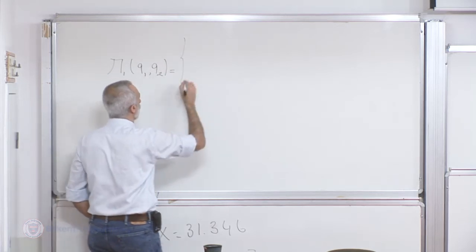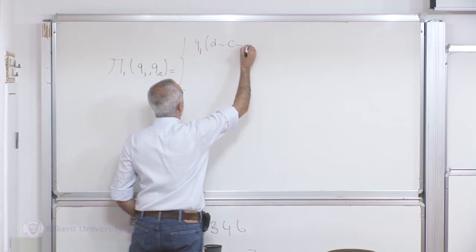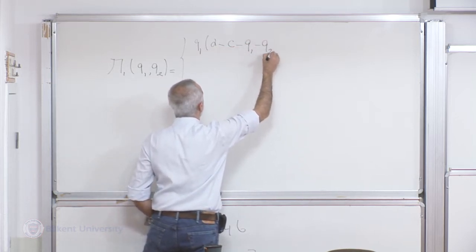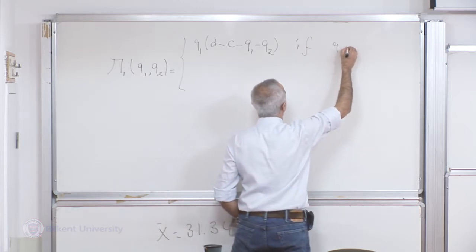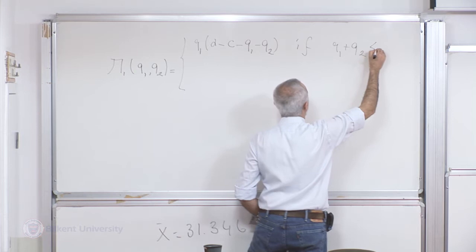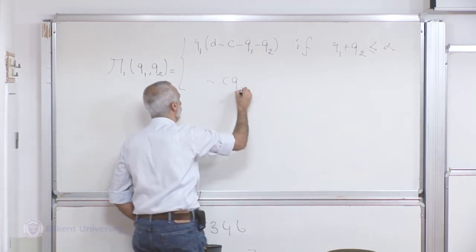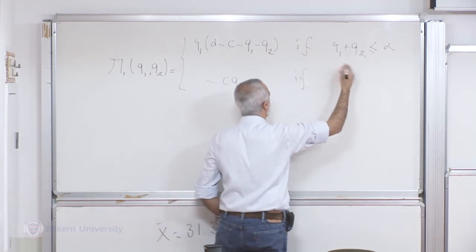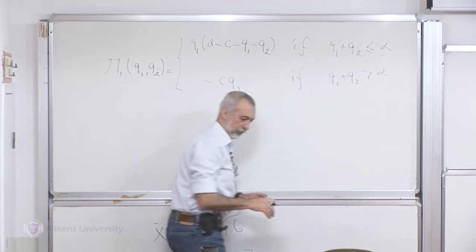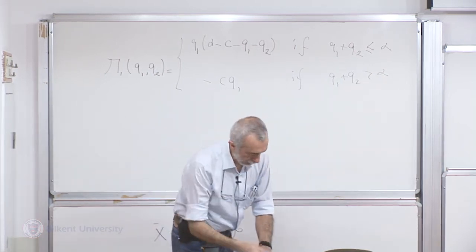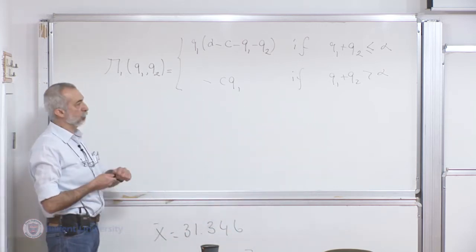And what we had was Q1 times (alpha minus C minus Q1 minus Q2) if Q1 plus Q2 was less than or equal to alpha, and otherwise, if Q1 plus Q2 is bigger than alpha, it was minus C Q1. That's what we had. We were trying to draw the iso curves.